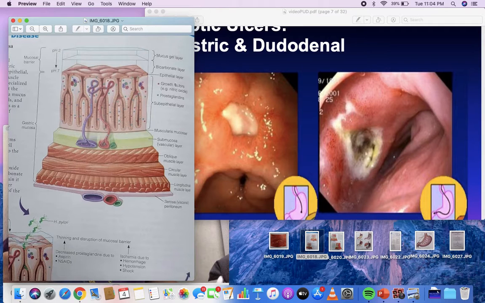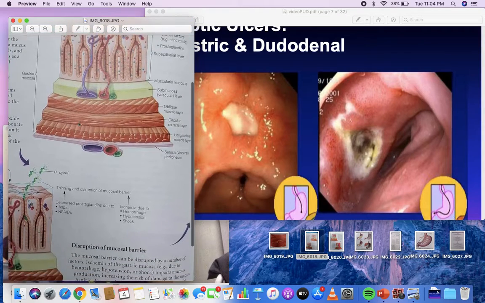The blood flow to the gastric mucosa is vital to maintain this barrier. Prostaglandins and nitric oxide stimulate mucus and bicarbonate production, helping maintain it as well. The mucosal barrier constantly bathes the surfaces of the gastric epithelial lining.